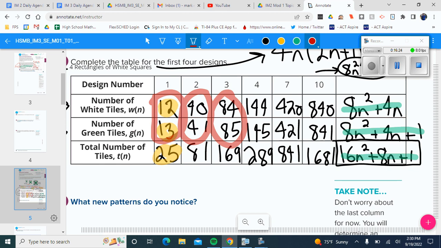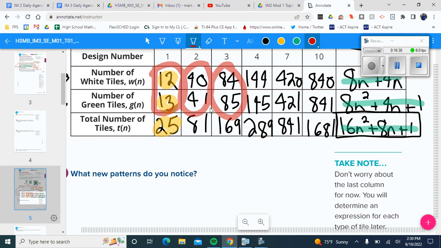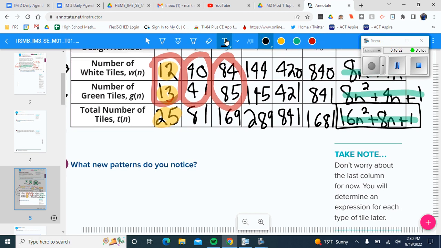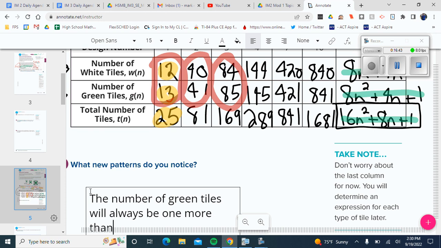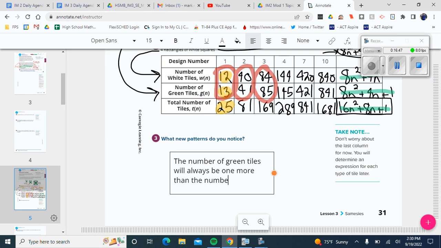The green is always one more than the white. So let's write that as our final observation for problem 3. I want you to write the number of green tiles will always be one more than the number for white tiles.